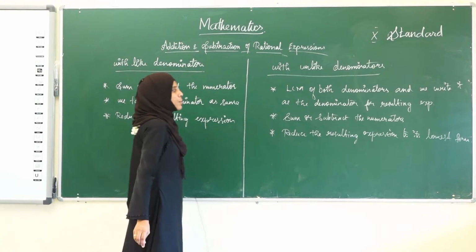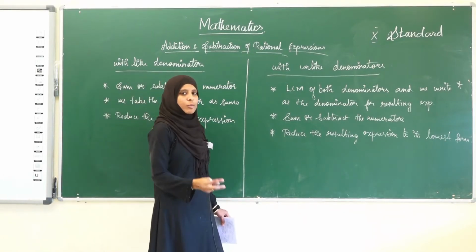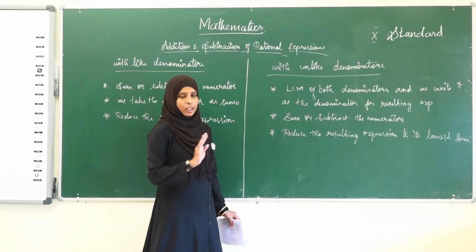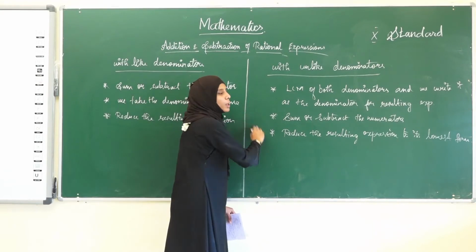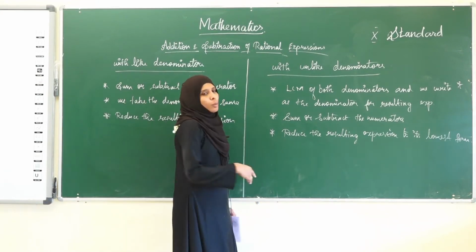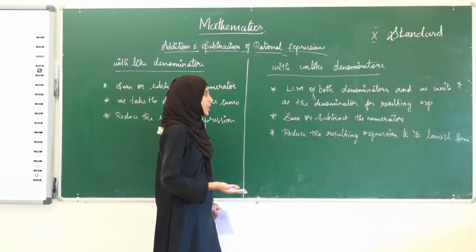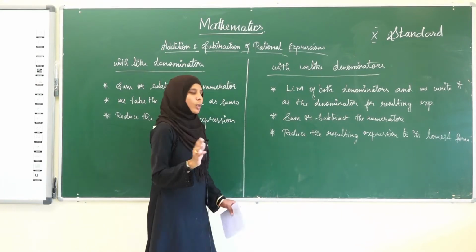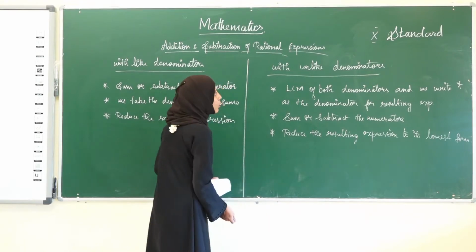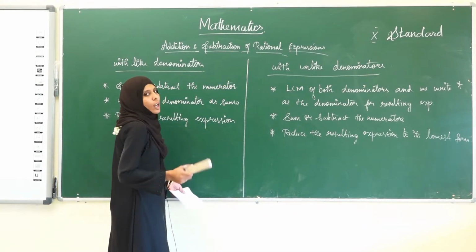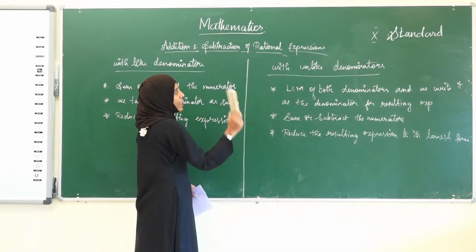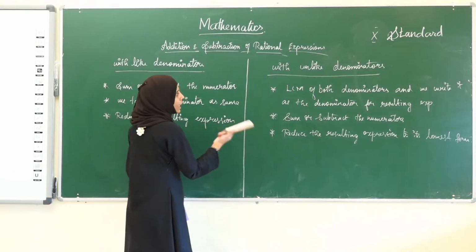These are the three steps here. We take the LCM of both the denominators and write it as the denominator for the resulting expression. Then we add or subtract the numerators according to whatever they have given in the question, and then we reduce the resulting expression. This is how we do addition or subtraction of rational expressions with unlike denominators.